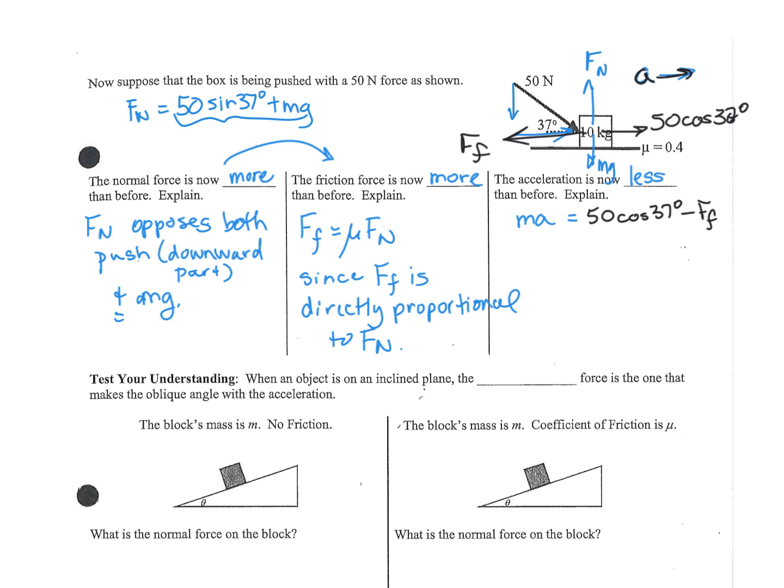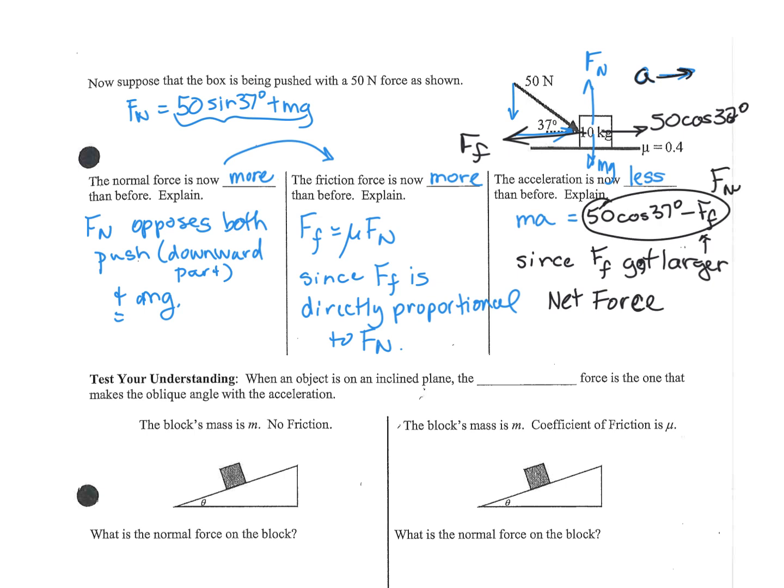Whereas if you looked at the direct pull, it's the same thing, but this is going up. The net force, because let's not forget what this is, this represents F net, doesn't it?